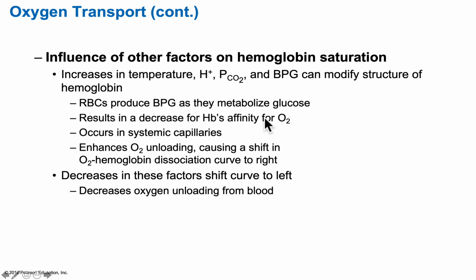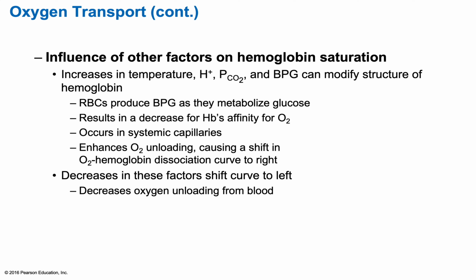So an increase in temperature, the partial pressure of carbon dioxide or hydrogen ion levels, or even BPG levels in blood lowers hemoglobin's affinity for oxygen, and this enhances oxygen unloading from the blood.